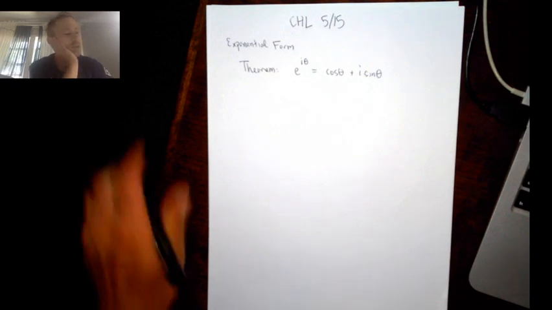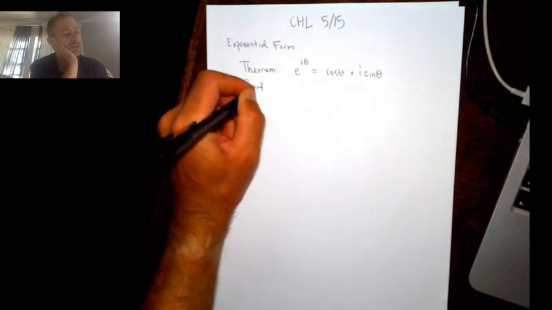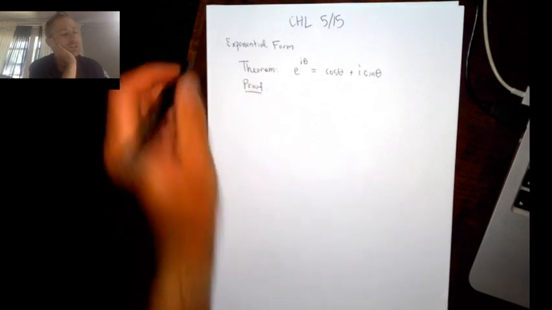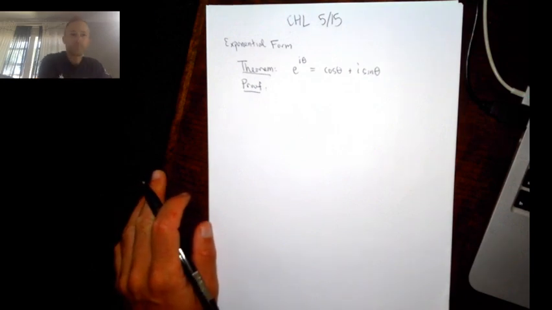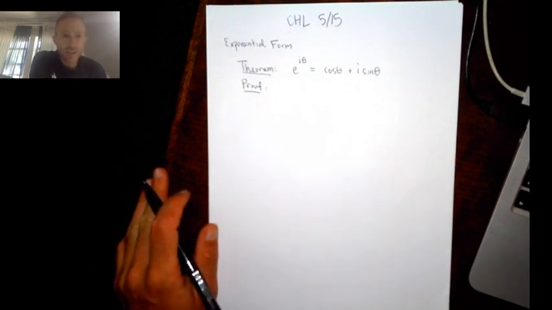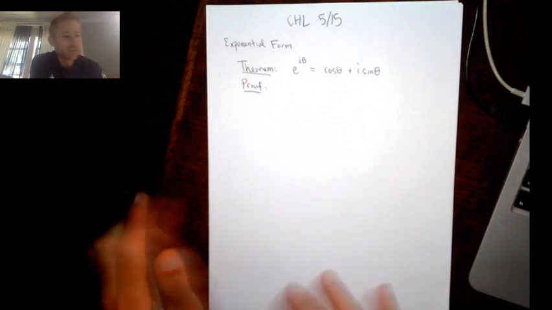So if you wanted to prove this, I'm not going to do the proof because not everyone is in Calc BC. But the idea is you use the Taylor series for each of these things.